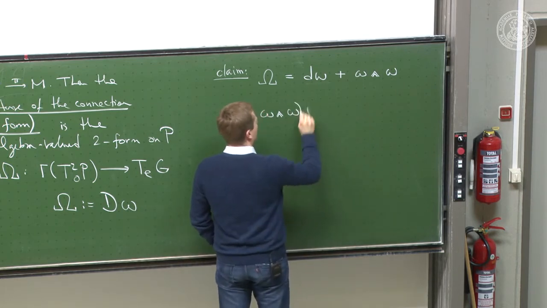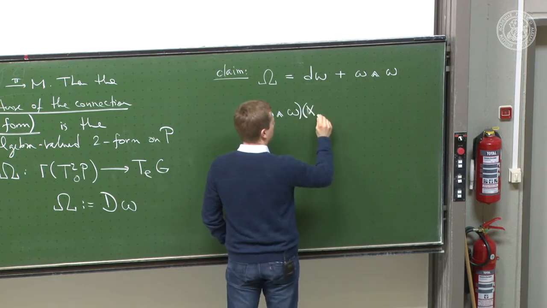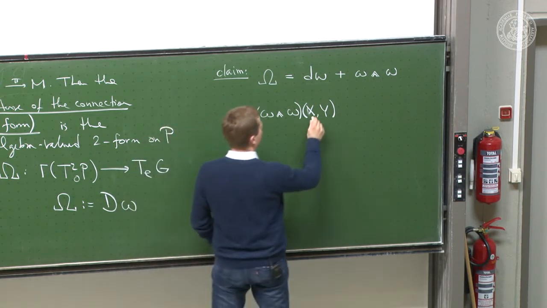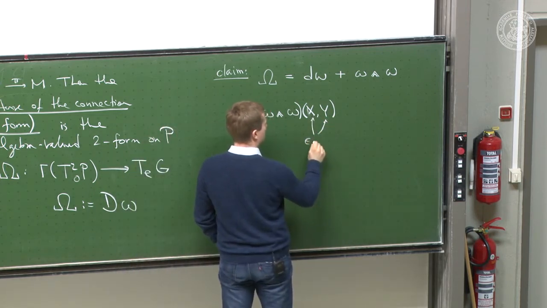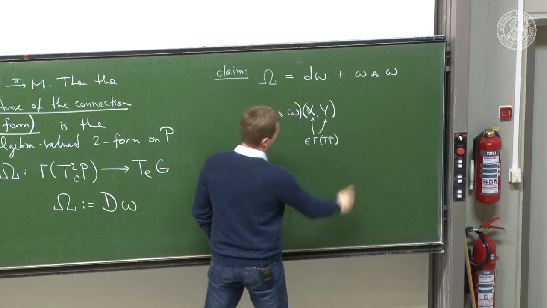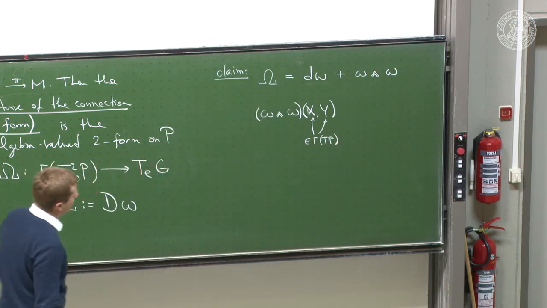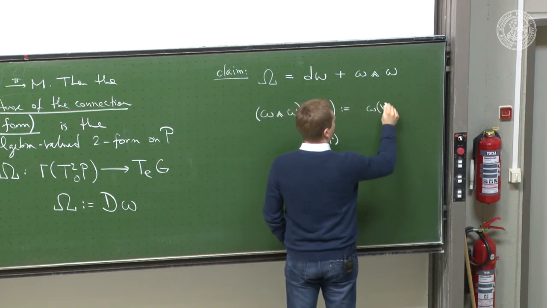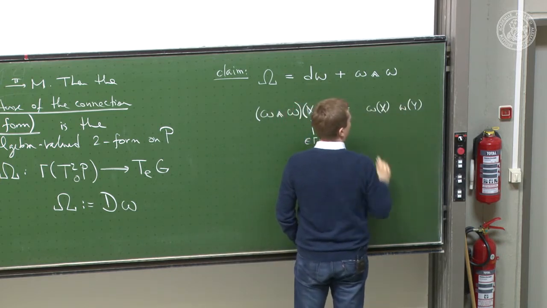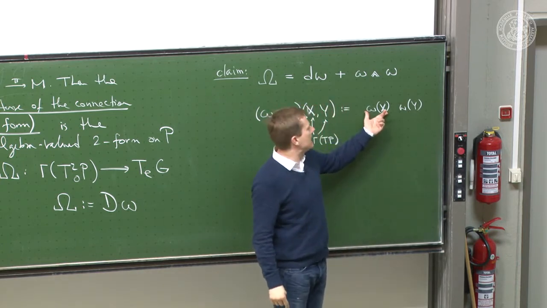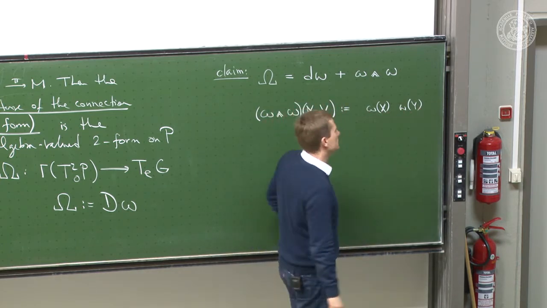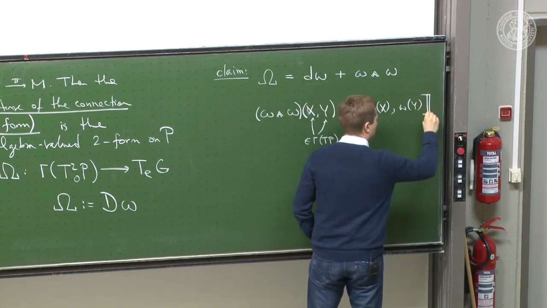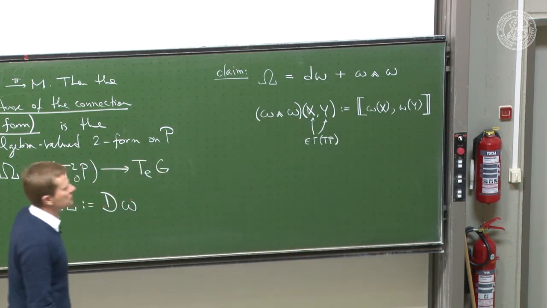And we declare this by providing two vector fields on P. So these are both vector fields on the principal bundle, and this is simply omega of x, omega of y. What is omega of x is a Lie algebra element. That's a Lie algebra element. And the only way I can marry them is to use the Lie algebra bracket.